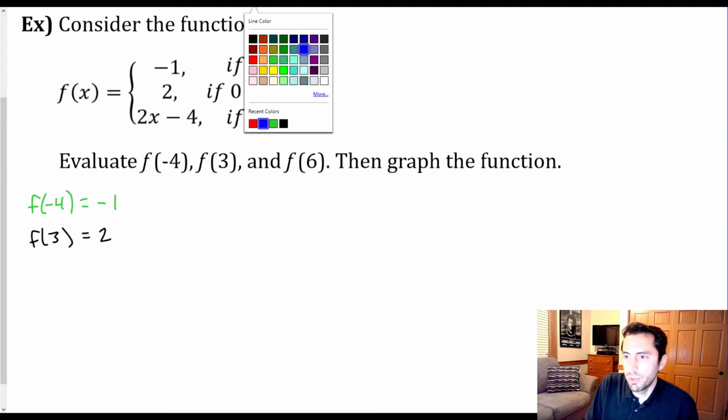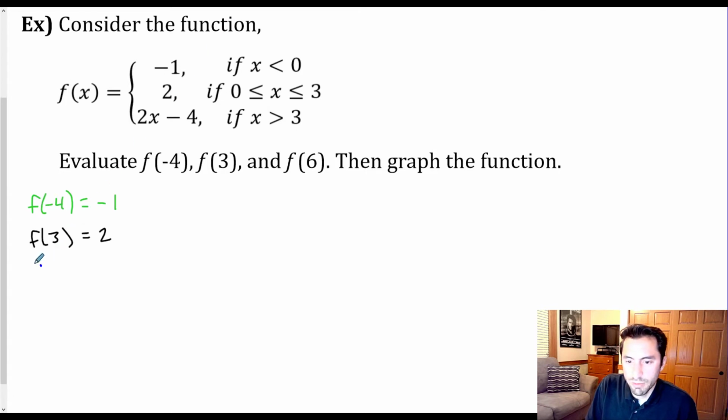And then the last one, f of 6. Now we'll go back to our intervals. 6 is bigger than 3, so it fits this interval here. So that means we want to use this last equation. And in this case, we do have a little bit of algebra to do. So 2 times 6 minus 4.